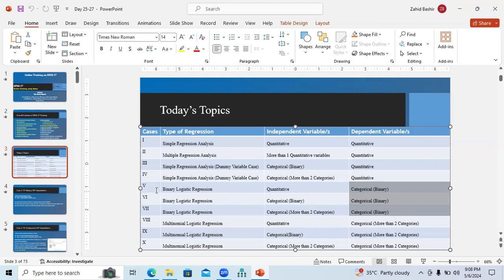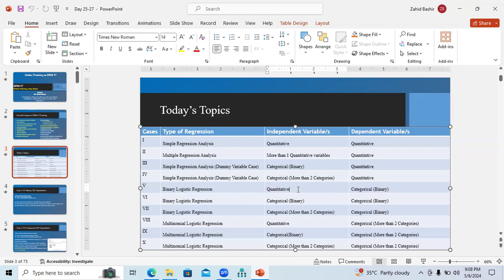So today we are going to consider cases number 5, 6, and 7, where your dependent variable is basically binary. So let's start from the fifth case, where your independent variable is continuous, or you can say quantitative, while your dependent variable is binary.